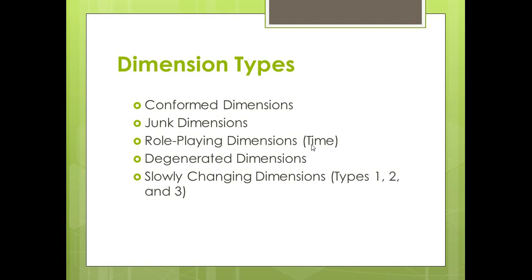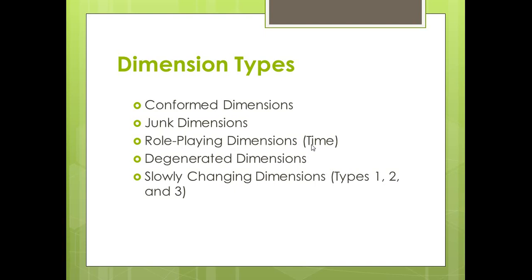Another term you might often hear is degenerated dimensions. A degenerated dimension is a dimension that has its attributes shared and contained within other dimensions. By only having a foreign key reference to it within the actual fact table, and referring from the fact table to these other dimensions, you can get rid of the dimension completely.